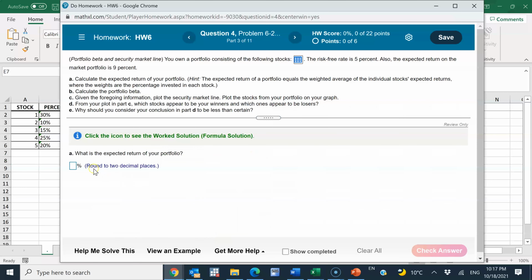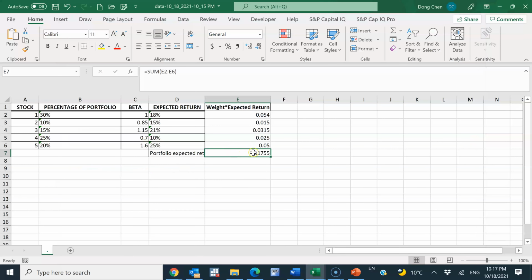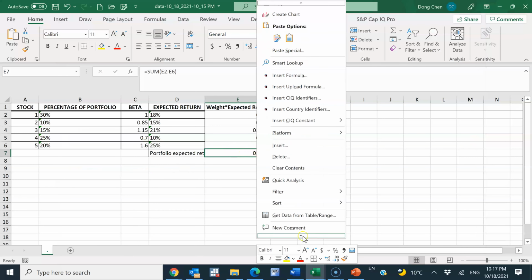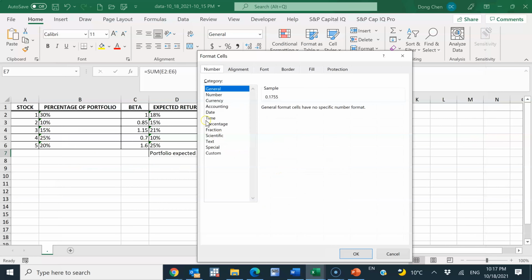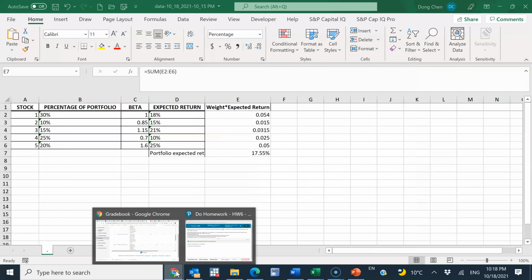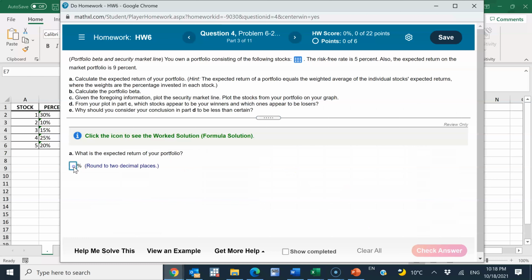The final step is just look at the rounding requirement. First, it's in percentage, and then round to 2 decimal places. So just follow that. You can just format the cell, put it in percentage terms, and keep 2 decimal places. So 17.55.